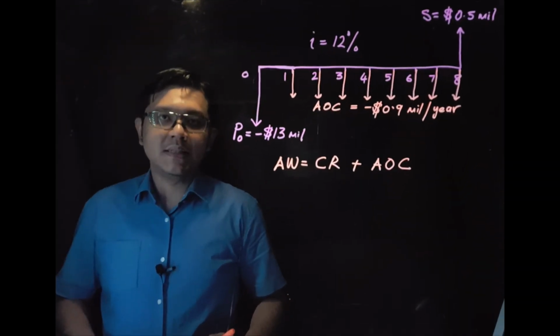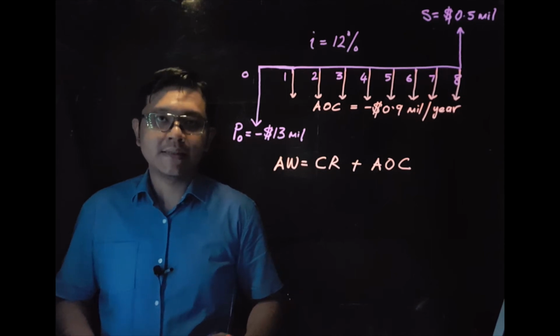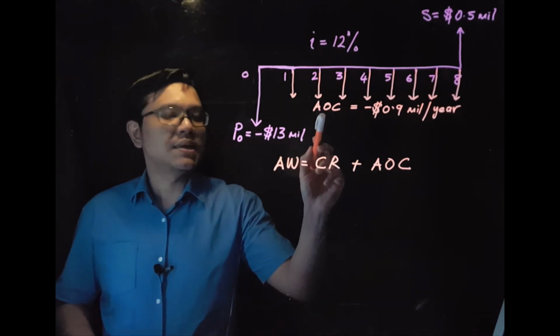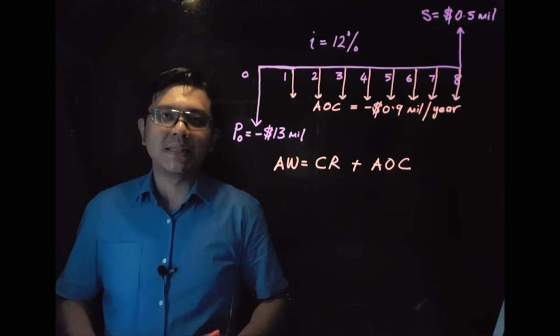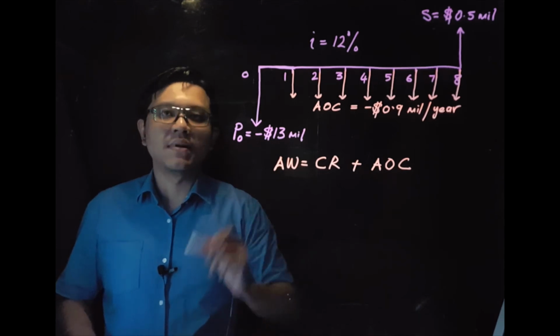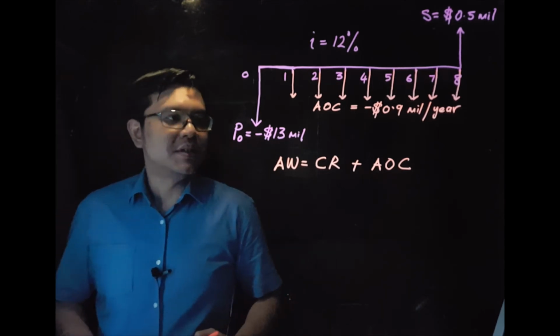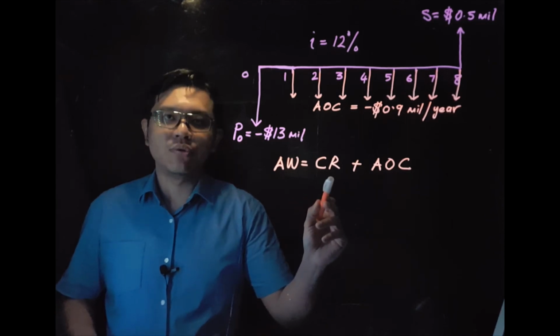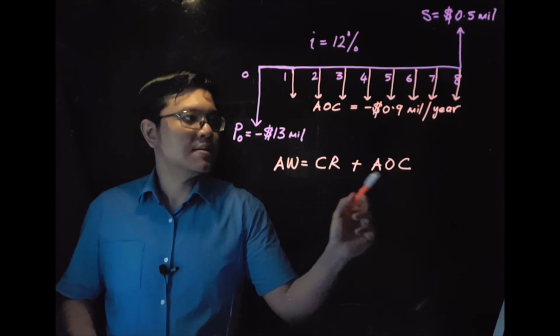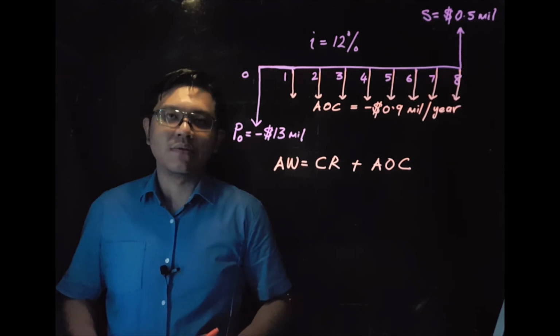Now let's extend the same example by considering that the same project also has an annual operating cost of $0.9 million per year, and we want to find the annual worth of this project. The annual worth of this project is equal to the capital recovery amount, which we have calculated, plus the annual operating cost of the project.